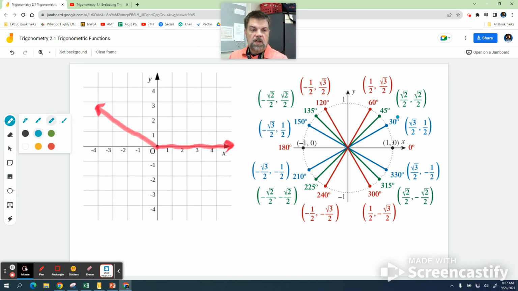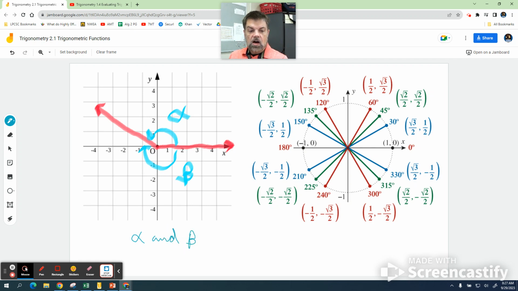One way to get there is this way. Another way to get there is this way. So if I call this alpha and this beta, we would say that alpha and beta are coterminal, right?